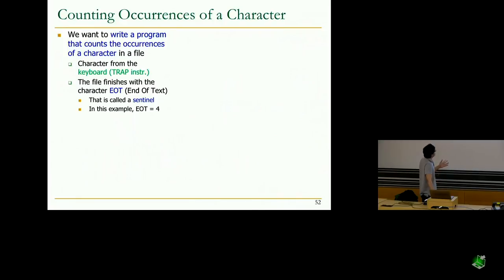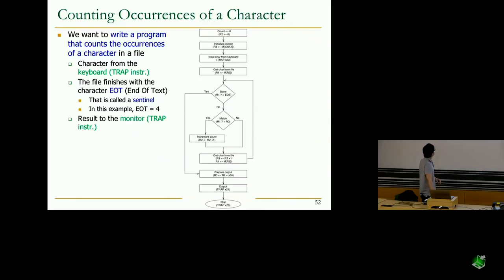In this particular example, EOT is equal to 4, and then we will output the result, the total number of occurrences, to the monitor. This is our algorithm. I will explain it in a minute.